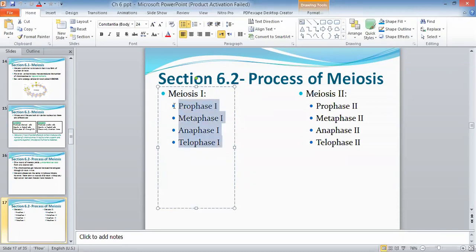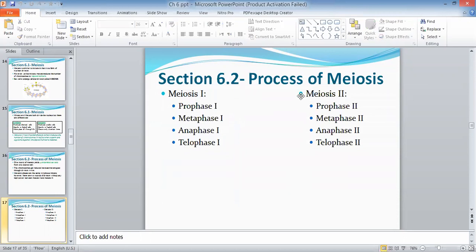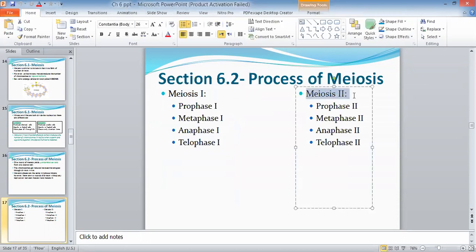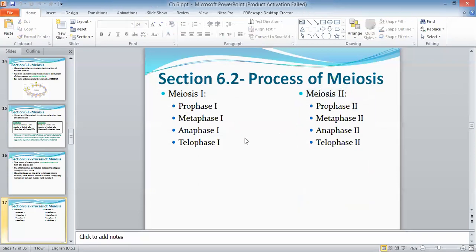All of these 4 phases occur in the first meiosis division. The second is called meiosis 2. It has the same phases, but we add the number 2 in front of the phase to differentiate between the first and second stages of meiosis: prophase 2, metaphase 2, anaphase 2, telophase 2.